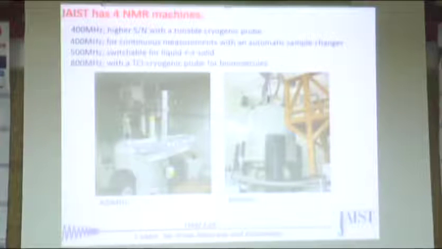JAIST has 4 NMR machines, from 400 MHz to 800. These are photographs of the 400 MHz NMR machine magnet, and this is the big 800 MHz magnet. The height of the 800 magnet is almost 2.5 meters, and the weight is 3,000 kilograms.